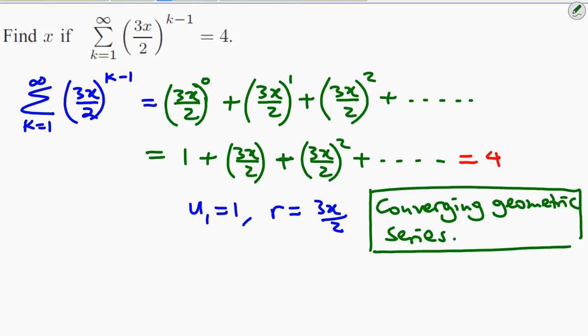That's important because if it's a converging geometric series, we know how to find the sum to infinity of a converging geometric series, u1 over 1 minus r. So basically what you're going to do is to plug whatever we have in that formula, equate it to 4, and solve for x.